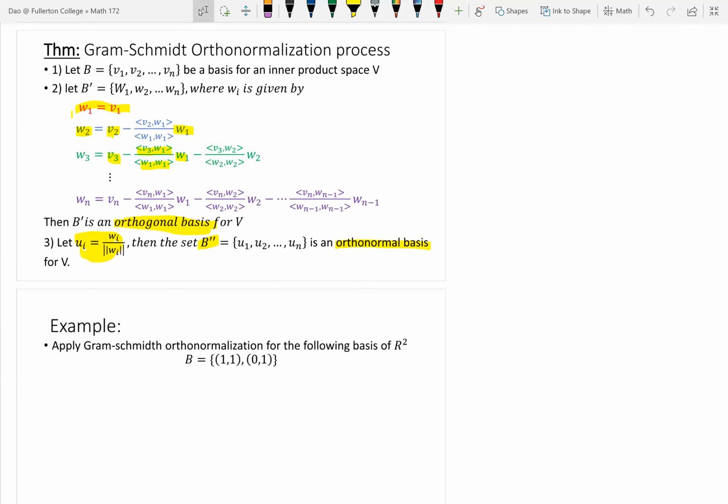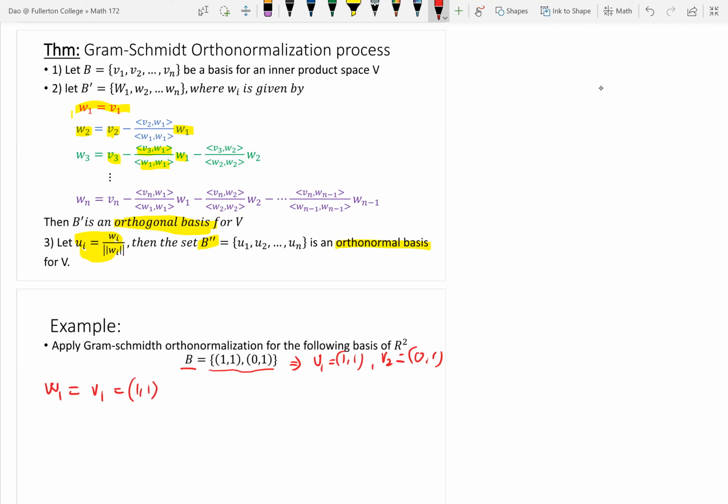All right, let's take a look at the example here. We have a basis B with two items, (1,1) and (0,1). So V1 is (1,1) and V2 is (0,1). By default, W1 always equals V1, so W1 is (1,1).